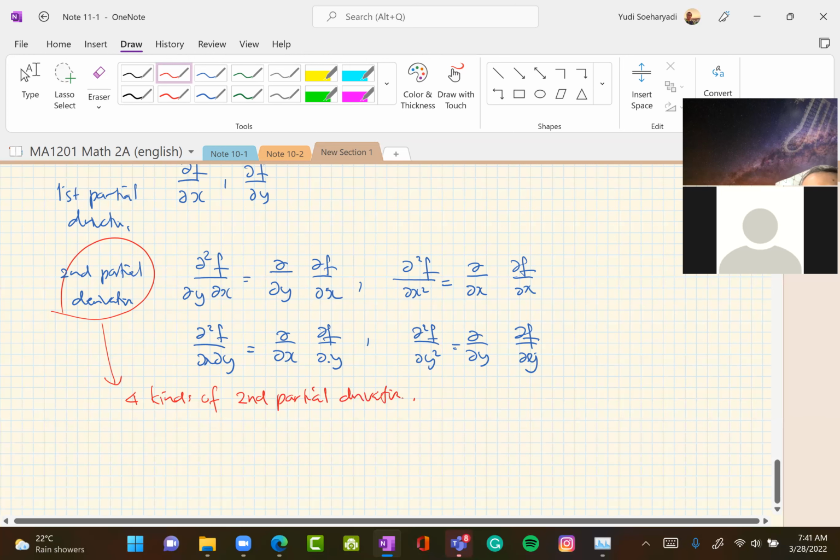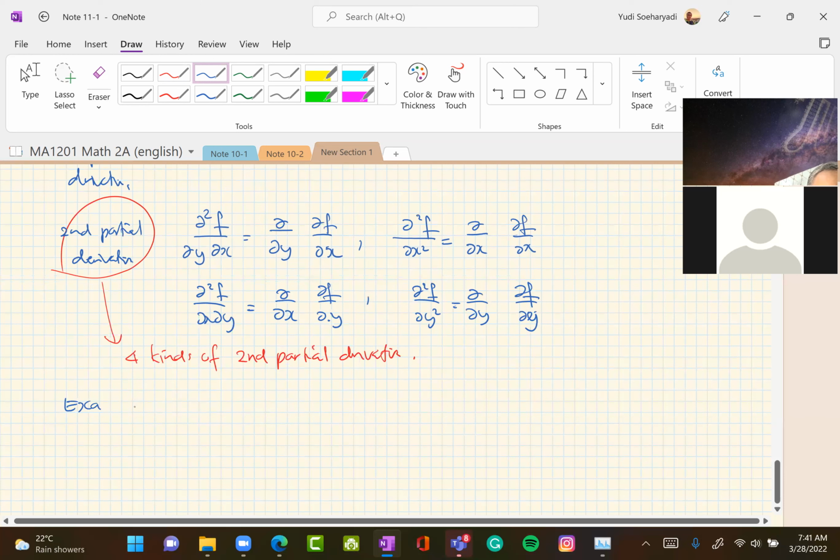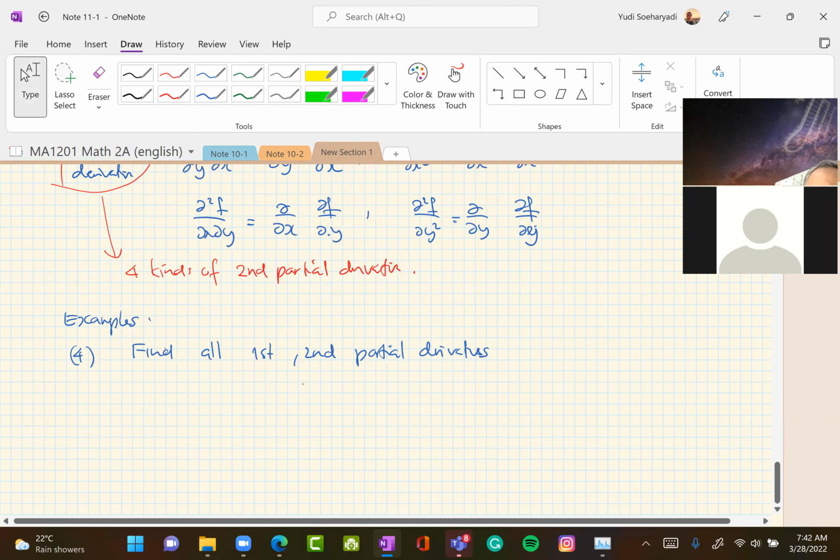Let's give some examples of this. Find all first and second partial derivatives. Okay, so f is given by tan inverse of x y squared.